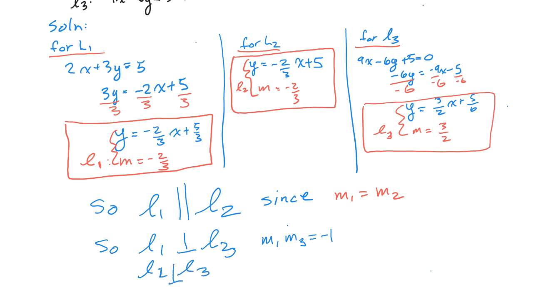So L1 is perpendicular to L3, and L2 is perpendicular to L3, because M1 times M3 and M2 times M3 equal negative 1, i.e. the negative reciprocal. All right, just take a moment and copy that down, and we will do the next problem.